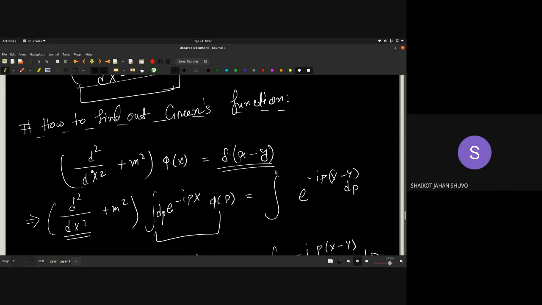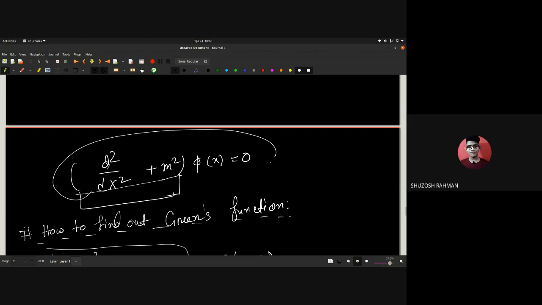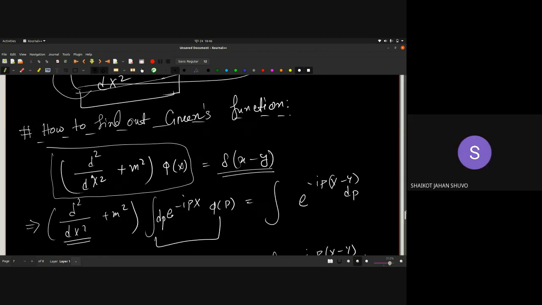Just think of this. This is the same equation you wrote over there, right? So why put a delta now? That doesn't make any sense. Because I told you that the propagator or the Green's function is the inverse of this differential operator. So instead of phi, it should be the propagator itself, the inverse one. Nobody saw that, and I was pretending everything was fine, and everyone was like, oh, it's fine.